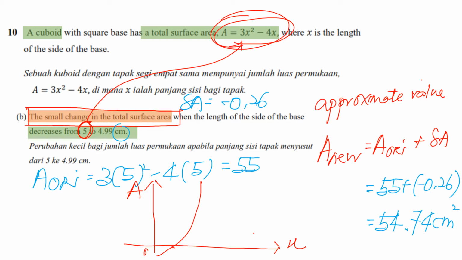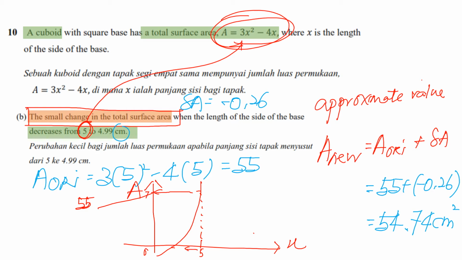When x is 5, what does it mean? Let's say 5 is here. When x is 5, you will get the value of the area, A, which is 55. When x is decreasing from 5 to 4.99.